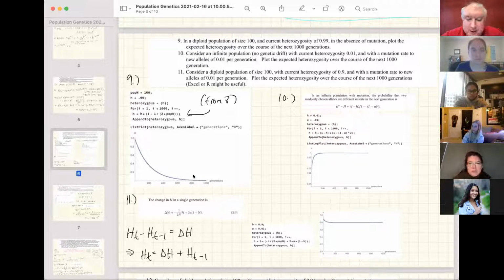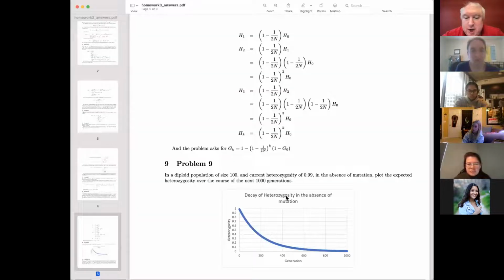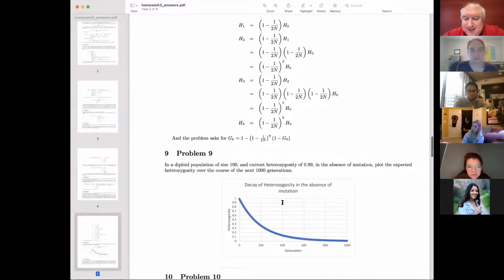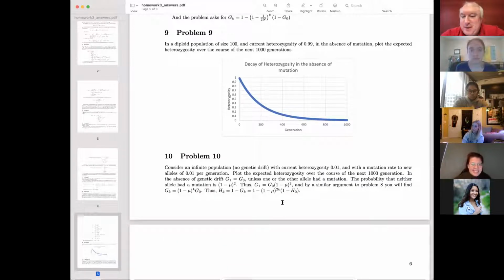If you were really a Philistine, you could have done it in Excel, where you just have 1,000 columns, 1,000 rows or whatever, and plug it in that way as a true Luddite. But that's it. It was nothing more than plugging values into a formula and plotting it.